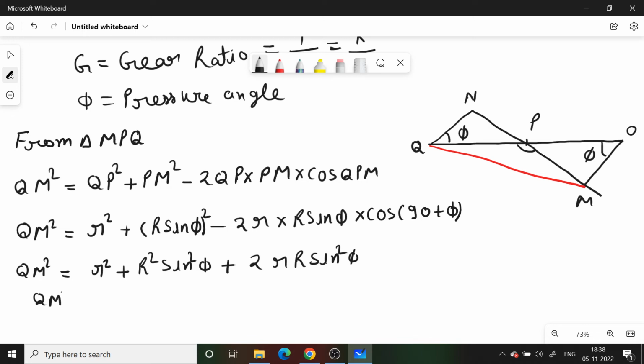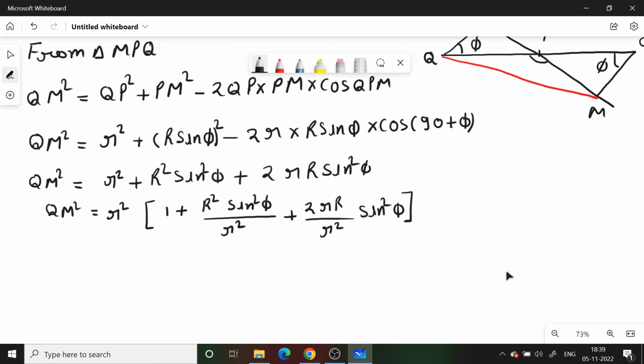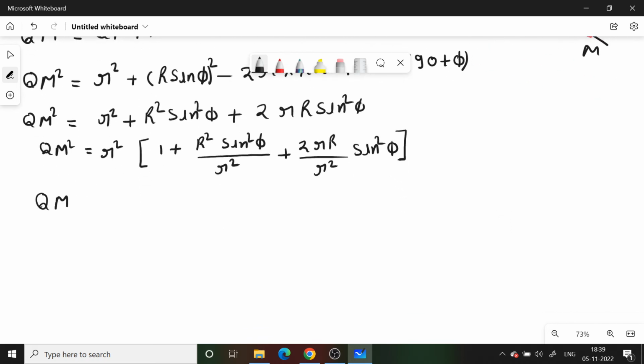Or QM square will be equal to small r square common, from equation 1, into 1 plus capital R square sin square phi upon small r square plus 2 capital R into sin square phi upon small r square. So QM square is equal to r square into 1 plus (R by r) into (R by r plus 2) sin square phi.